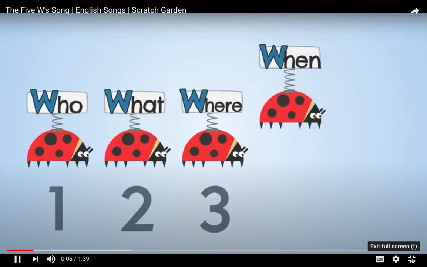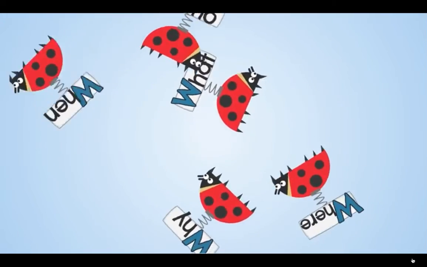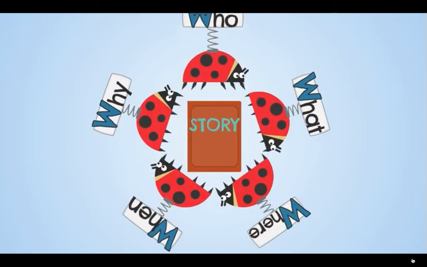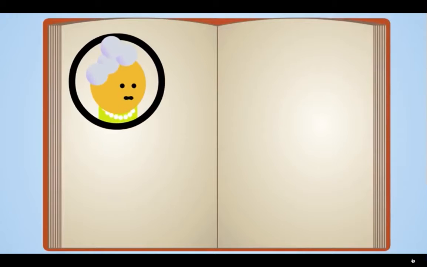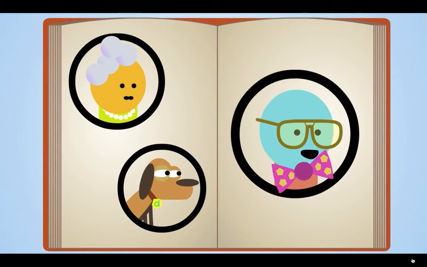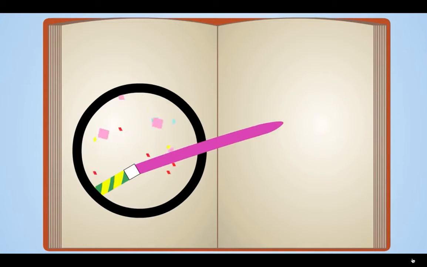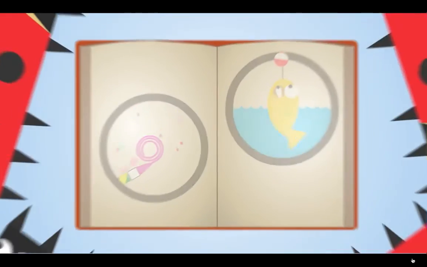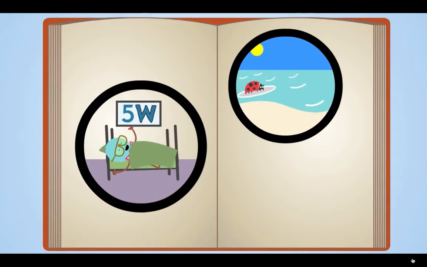One, two, three, four, 5 W's. 5 W's. You can't tell a story without 5 W's. Who? A story needs a who, like a grandma or a dog or even you. What? A story needs a what, like a birthday party or the fish you caught. Where? The story needs a where, like your bedroom at the beach or over there.